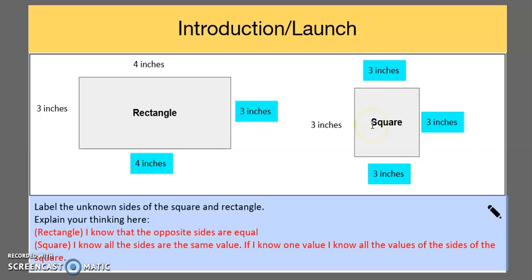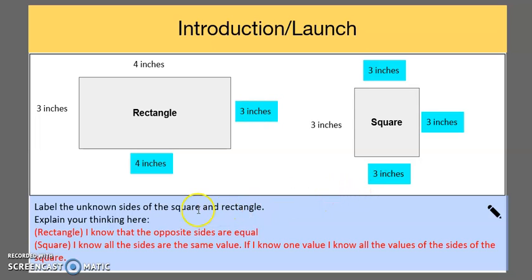When we're dealing with the square, we're only given that one side is 3 inches. We know that in a square all the sides are equal, so if we're given one side, all the other sides are the same value. Therefore, that's why we put 3 inches here, 3 inches here, and 3 inches here.